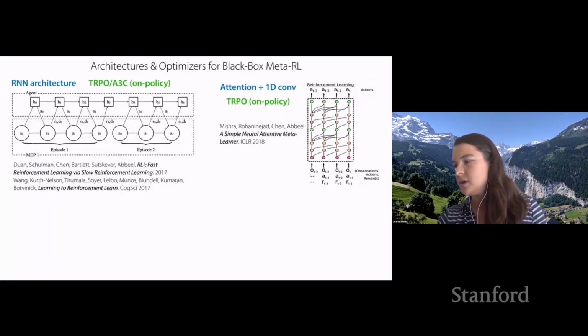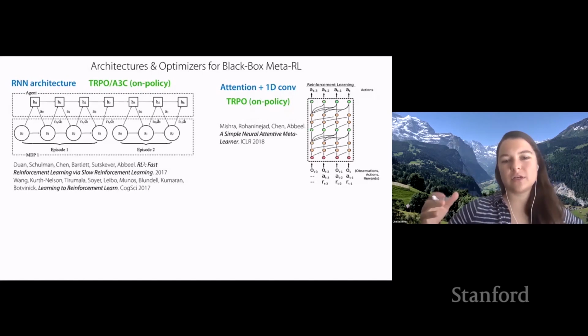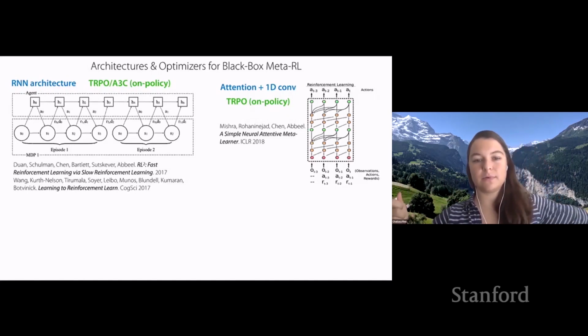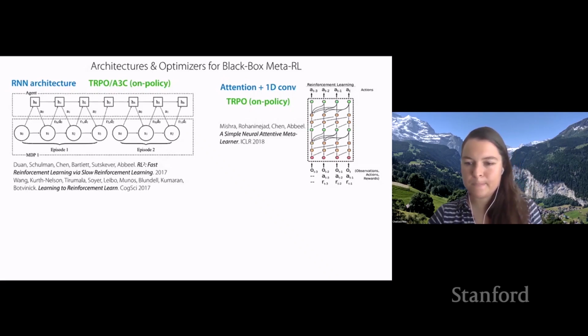Attention-based architectures allow you to shortcut. These connections between the orange dots provide shortcuts across time that directly connect things in the far past to the present. And that allows you to handle some of the optimization challenges associated with very long horizon learning. That makes sense. Thank you.